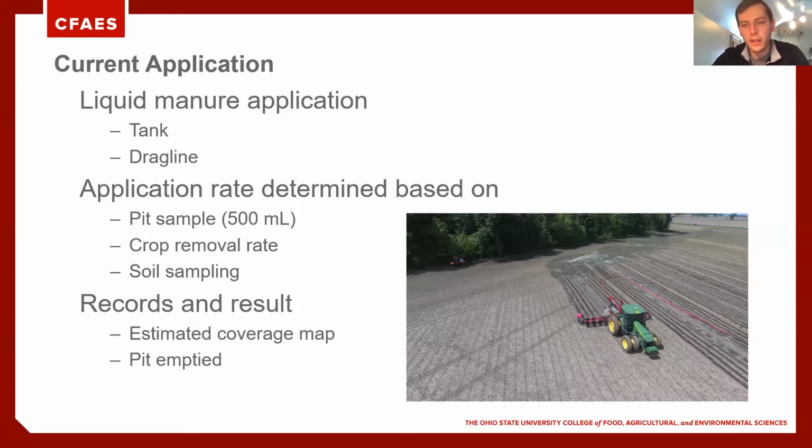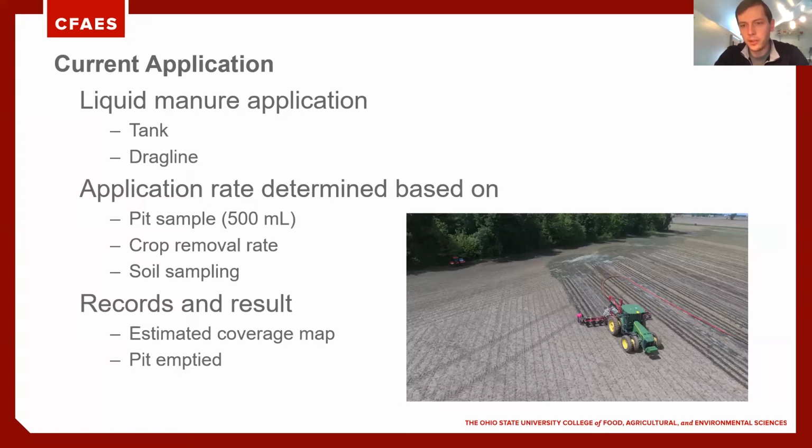You have a rate that is predetermined based on a pit sample, a 500 milliliter pit sample, maybe what your crops are using and some soil sampling you did. And then after you're done, you have an empty pit, but you also have an estimated coverage map of, we applied 5,000 gallons an acre. Something like that is usually what people are having.